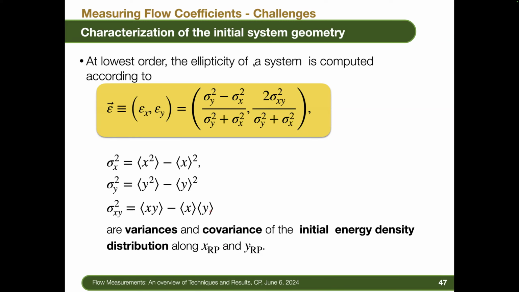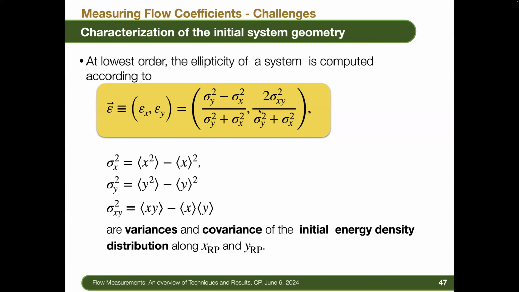This then gives us a measure of how elliptical or how spatially anisotropic the matter is. If we know the impact parameter and we know approximately the geometry of the nuclei, we can calculate this ab initio with some models, for instance, Monte Carlo Glauber models.